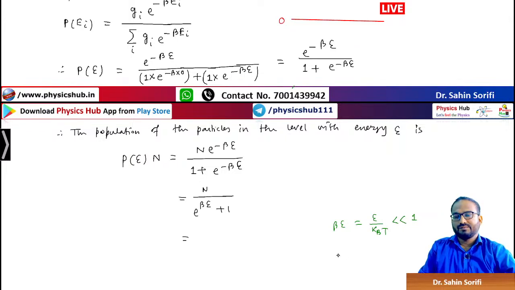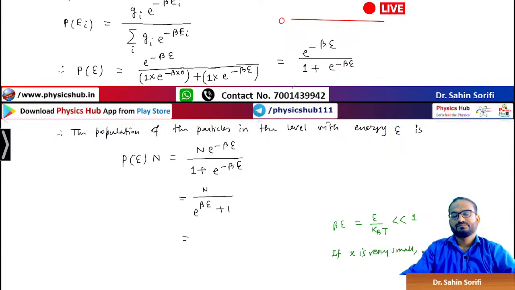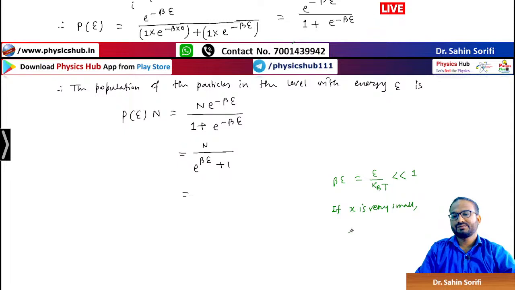If x is very small, then e to the power x we can approximately write as 1 plus x by 1 factorial plus x square by 2 factorial and so on.